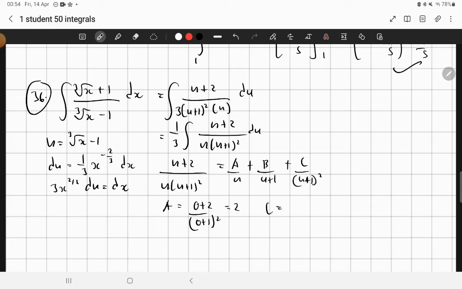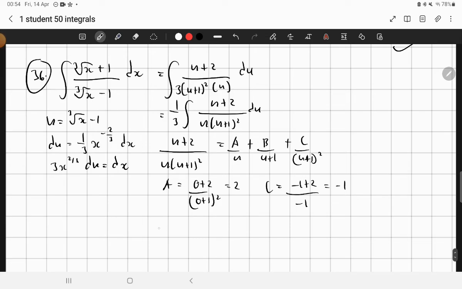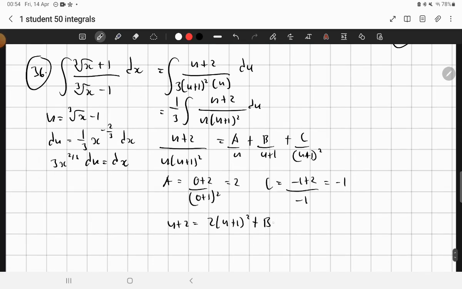C could be negative 1 plus 2 over negative 1, which is negative 1. Then B, we could solve very easily: u plus 2 is equal to A(u plus 1) squared plus B u(u plus 1) plus C u. My A is 2, and I know C is negative 1, so I'm just going to write minus u.